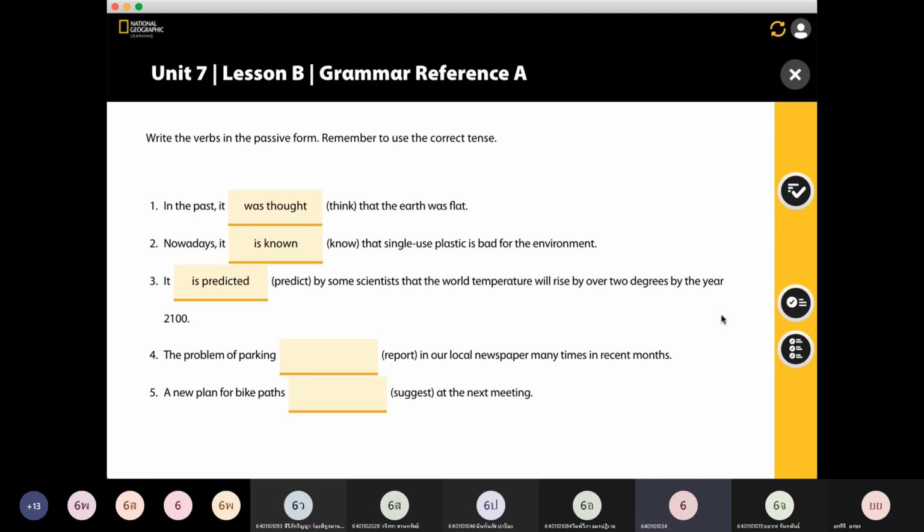Number 4 has been reported. The problem of parking has been reported. I would point it out a little bit because it has been reported many times in recent months, which suits the aspect of the present perfect, many times from the past up to the present.